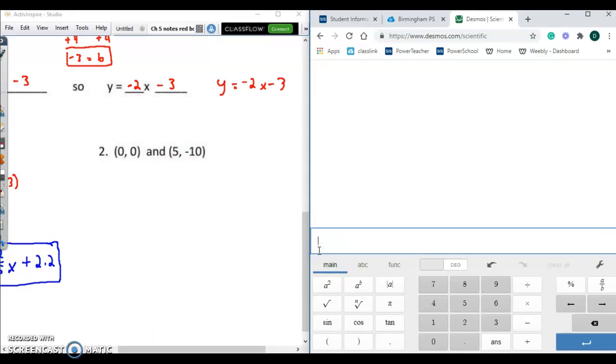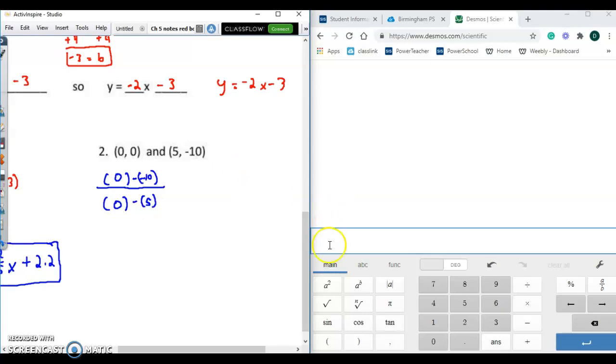So again, I'm going to set up my equation. So I need to find, step 1, I need to find my slope first. So we put in our x's and our y's. So I can put in, I'll start with the 0 and the -10, 0 and 5.